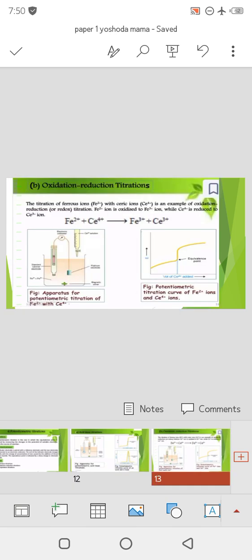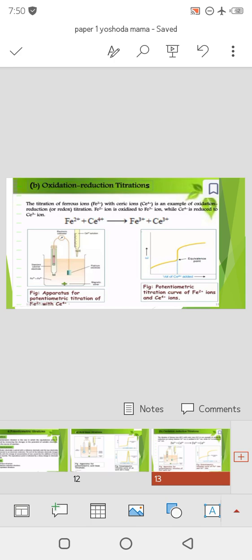So next one is the oxidation reduction titration. So next one is the titration of ferrous ions Fe2+ with ceric ions Ce4+, an example of oxidation reduction or redox titration.